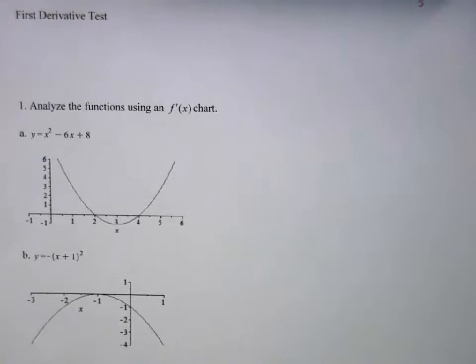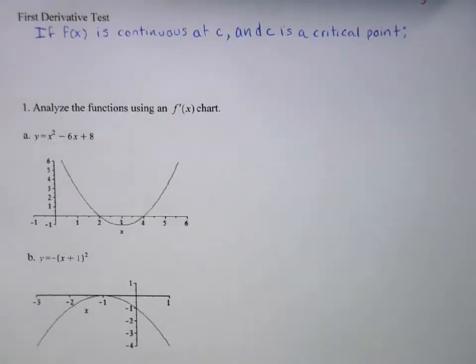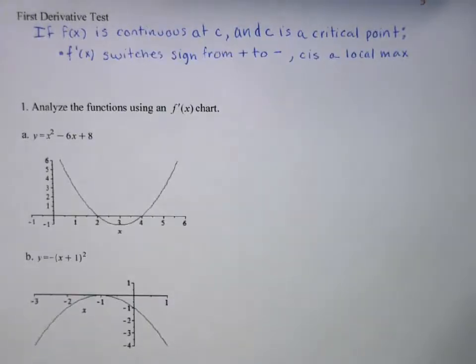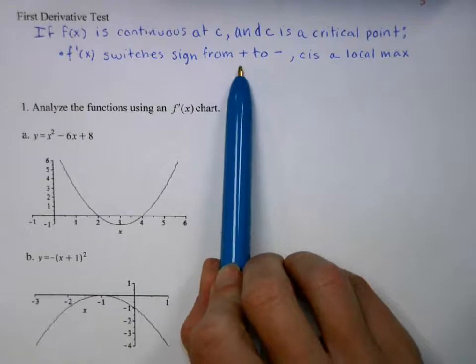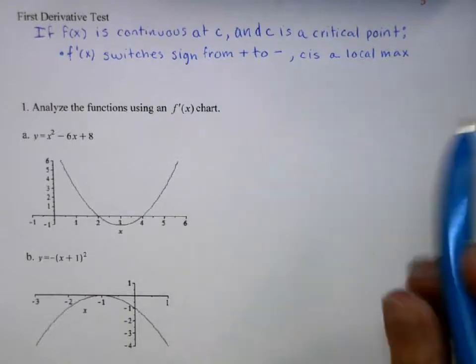Now we're going to talk about something called the first derivative test. If f of x is continuous at c, and c is a critical point, and f prime switches sign from positive to negative, c is a local max.